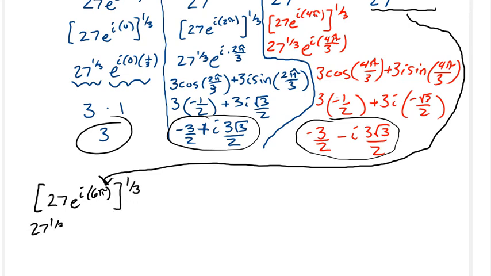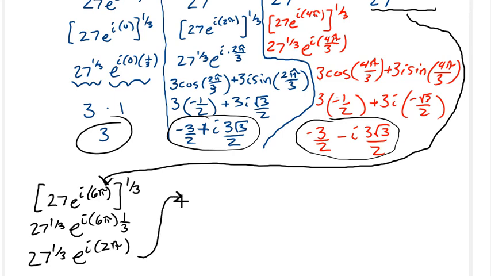So that's 27 to the 1/3 e to the i times 6 pi times 1/3. But of course that gives me e to the i times 2 pi. If I then turn that into 3 cosine 2 pi plus 3i sine 2 pi, well, the sine of 2 pi is 0, the cosine of 2 pi is 1. Guess what? We're back to 3. So we're back to this solution again.